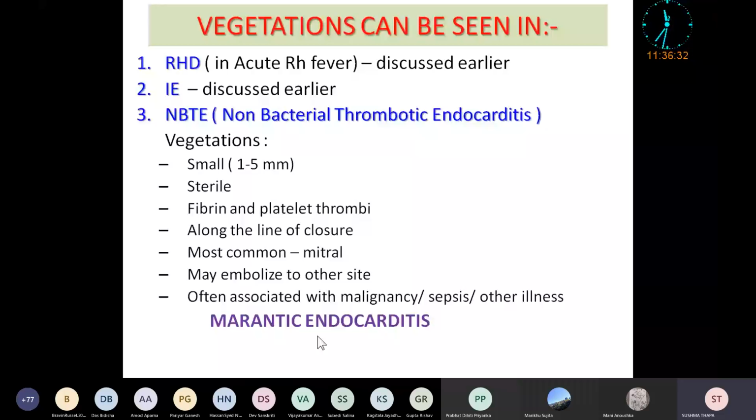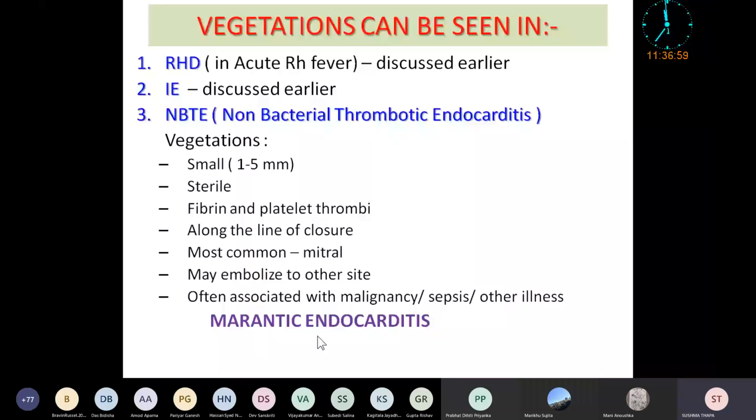In rheumatic fever also there was presence of a lesion in the valve, and that was also known as vegetation, isn't it? So vegetations can be present in rheumatic fever and infective endocarditis also. Not only that, they can be present in other conditions also.